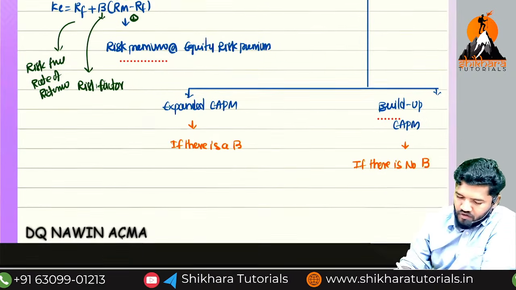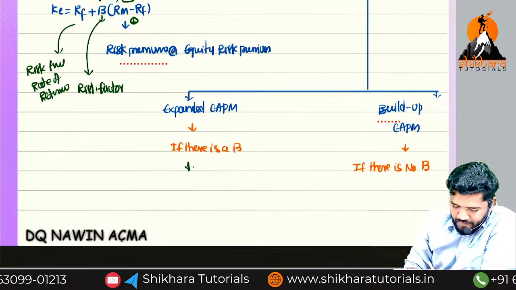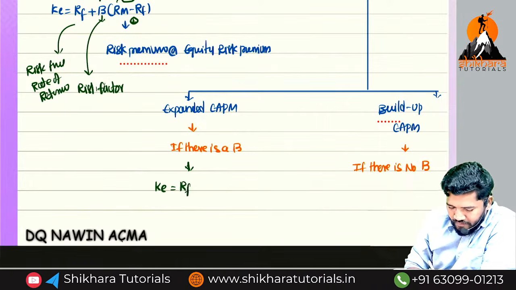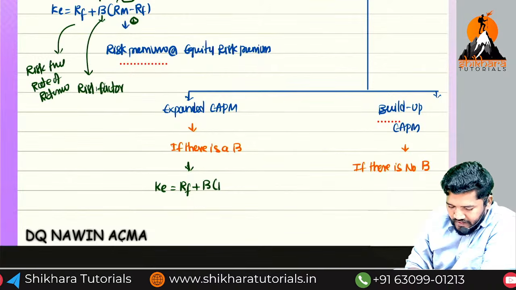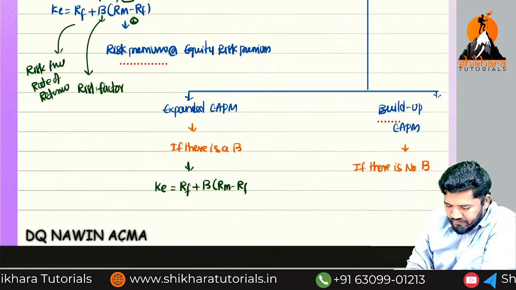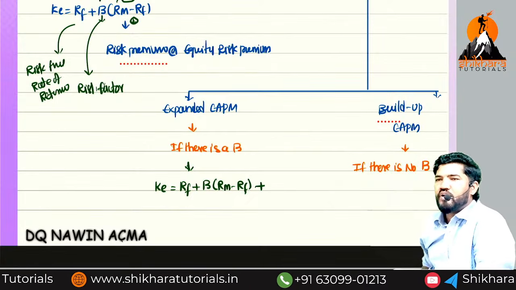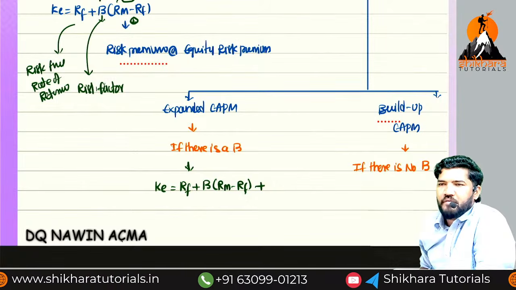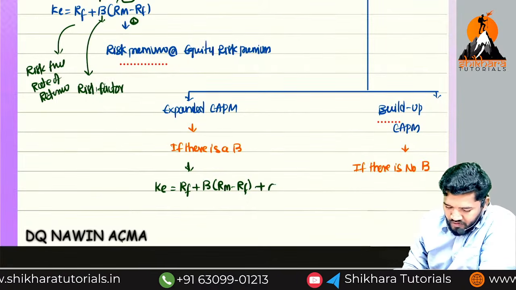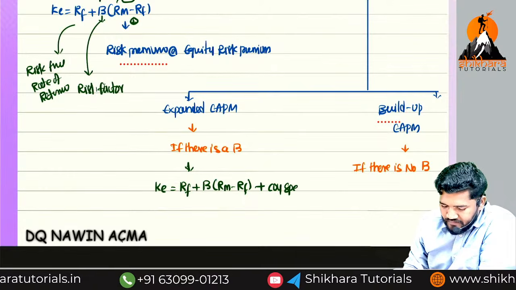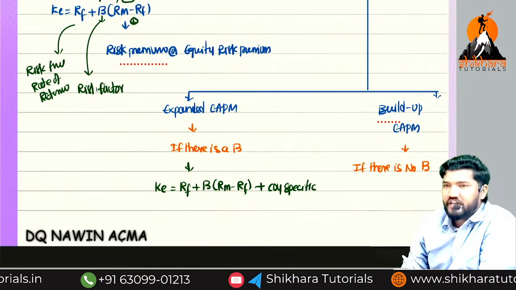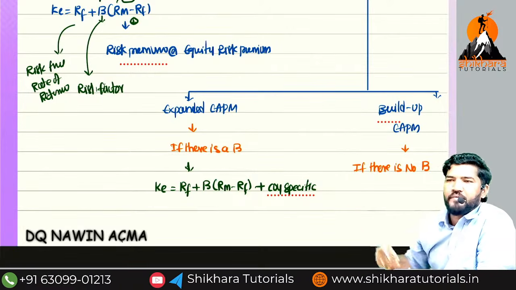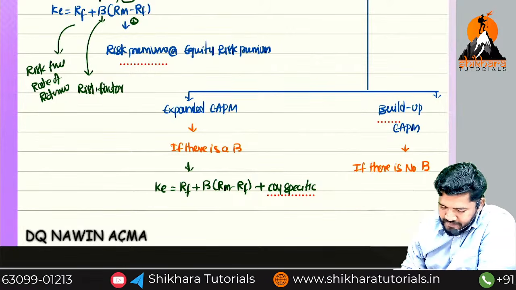Okay, then fine. How to calculate this expanded CAPM KE? KE equals RF plus beta into RM minus RF plus, what are the risks you are facing in private companies? Company specific risk. For that company specific risk, they will give a premium of 2% or 3% or 5%, the company specific premium.